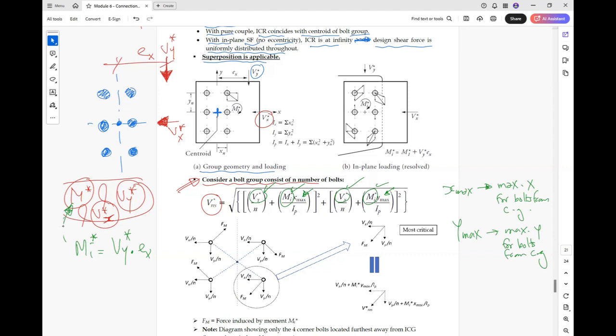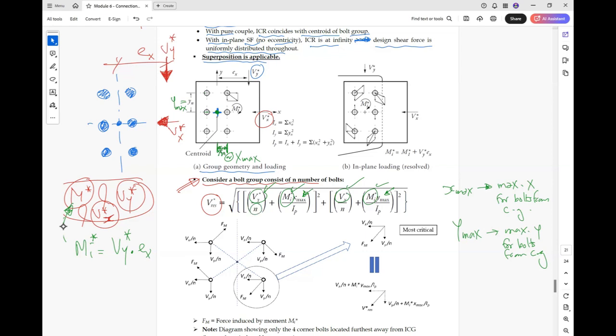So for example here, what is the first X? So this is the first X, if this is the centroid. All of them are at the same distance, so this will be xn, or x max for us here. What is y max? We have y for this one 0, y for this one is yn, so this yn will be y max.